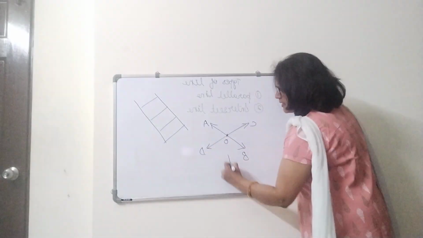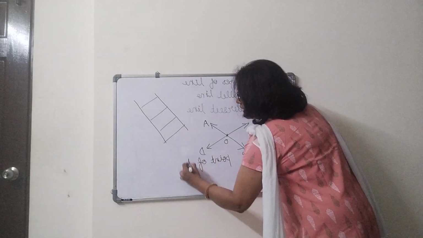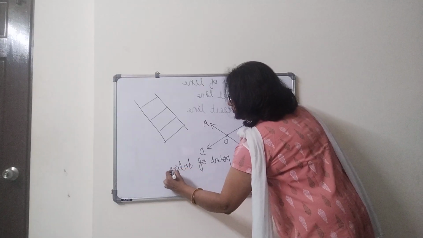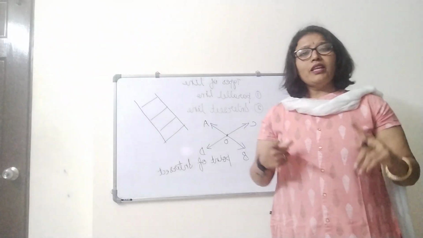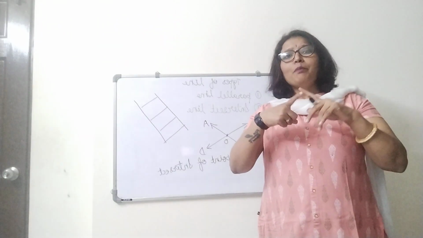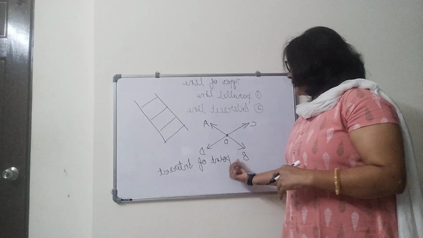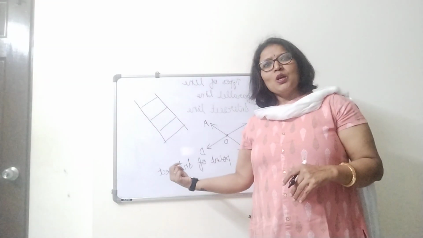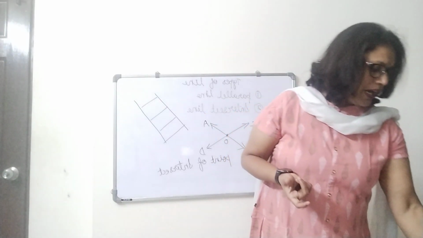So when two lines cross each other, they meet at a common point, and that common point is called the point of intersection. So till now you understood what parallel lines and intersecting lines are.